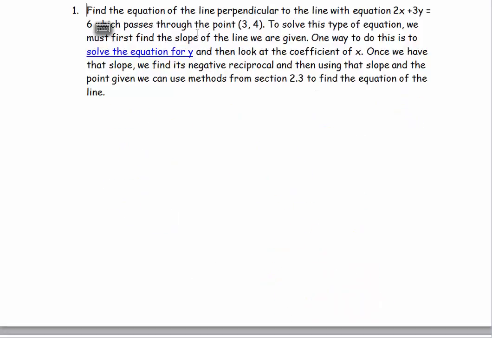Now I've given myself some space so that I can find the equation of the line that's perpendicular to my given line. Remember, the given line was 2x plus 3y equals 6, and we wanted to find this time the line that's perpendicular to 2x plus 3y equals 6, and it goes through the given point (3, 4).